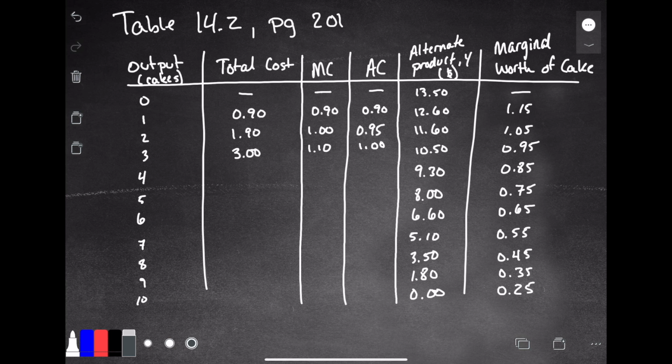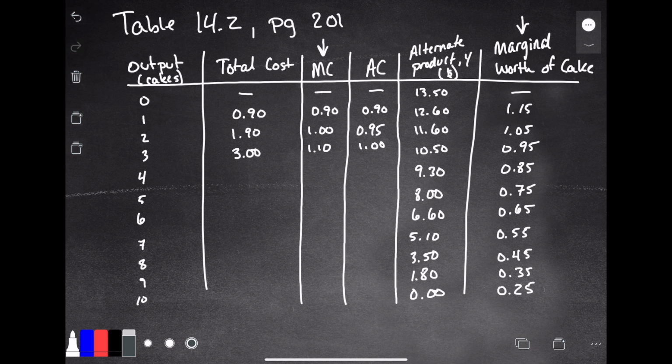Now, so how many cakes will Adam actually produce, right? And this is where things get kind of interesting. Okay, so what we want to look at is the marginal cost of producing cake. So we want the marginal cost, and we also want the marginal personal worth.